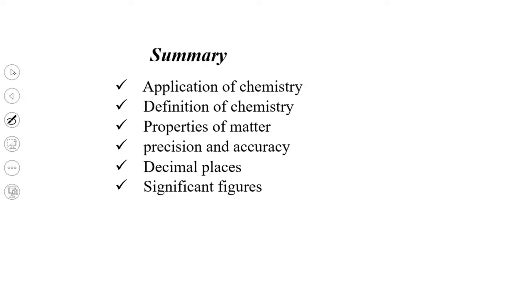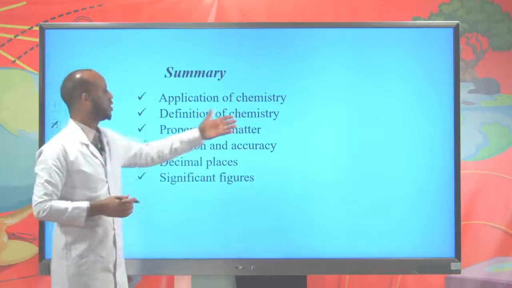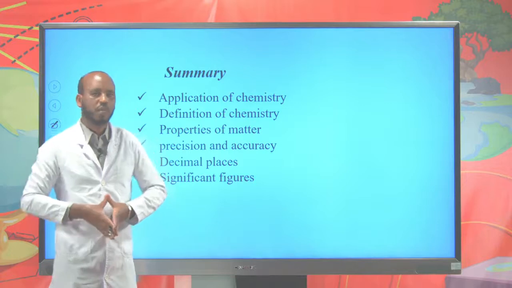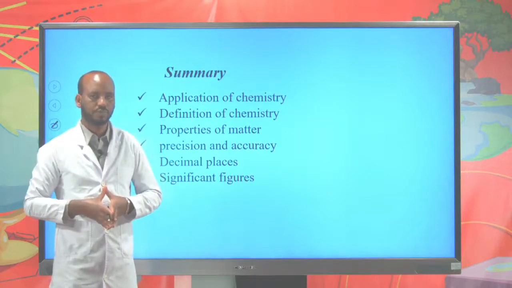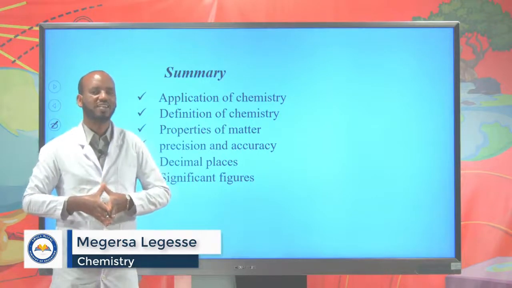Students, in our today's lesson, we discussed applications of chemistry. As we said, chemistry enables us to form all materials around us. We defined chemistry. Chemistry is the science that deals with matter and the changes that it undergoes.